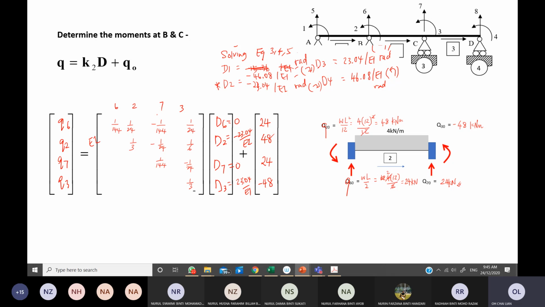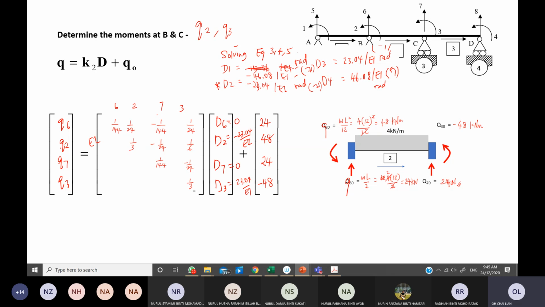But we only want moment at B and C. Moment B and C, can you tell me which Q value? Q6, Q2, Q7, or Q3? Q2 and 3. Yes, thank you. We just need to find Q2 and 3. You no need to determine all.